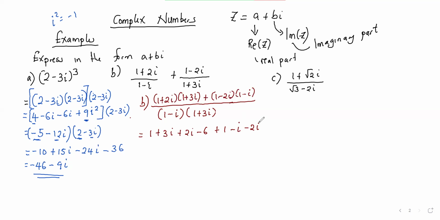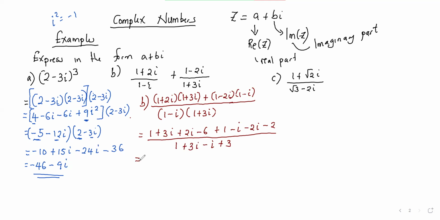Negative 2 times negative 1 is positive, so positive times negative, negative 2, over 1 plus 3i minus i times i, negative times negative, plus. So it will be plus 3, like that.